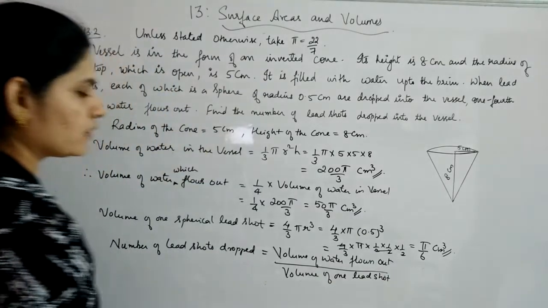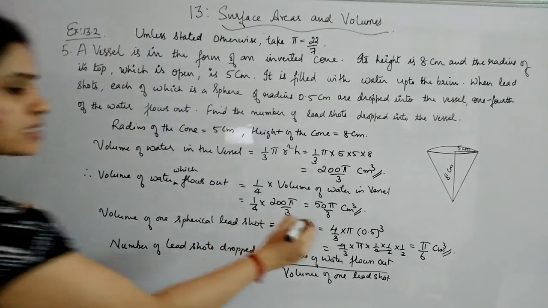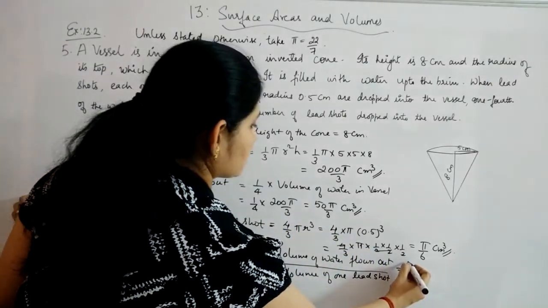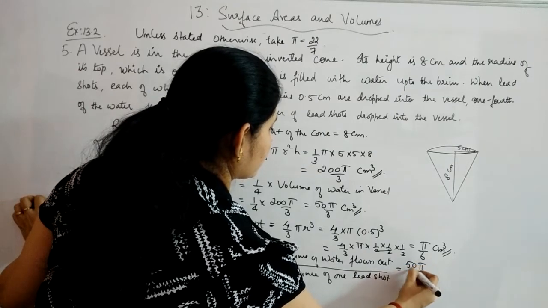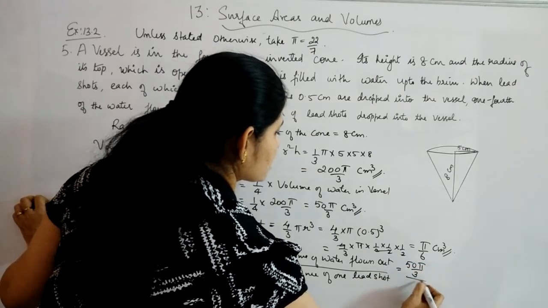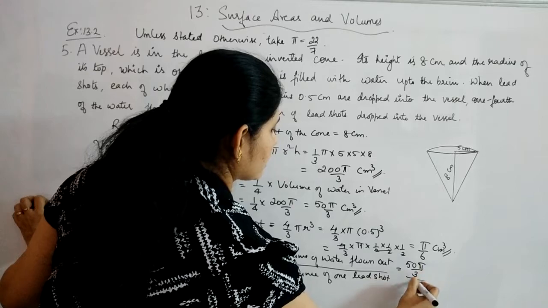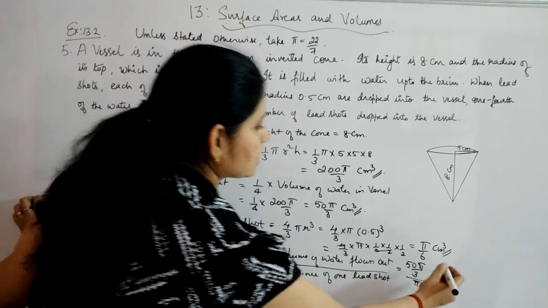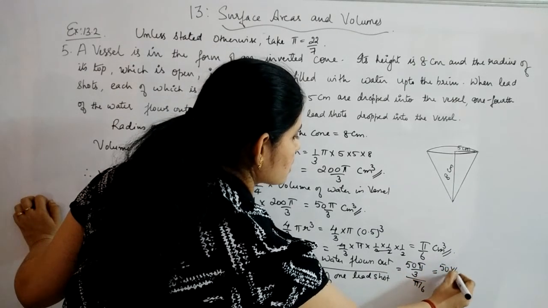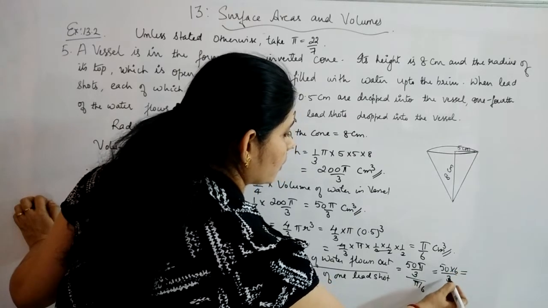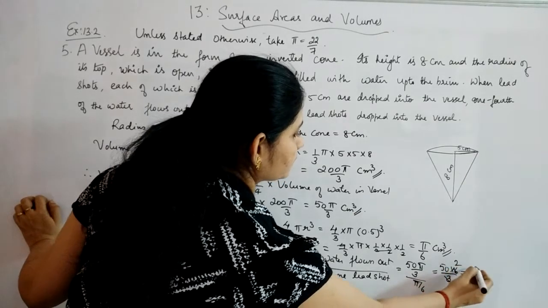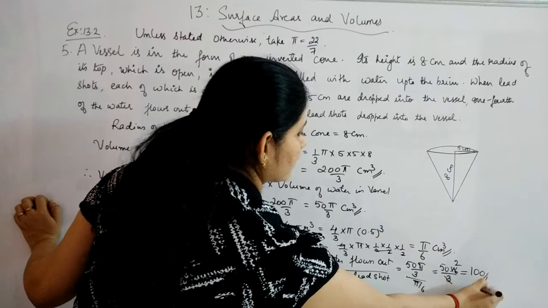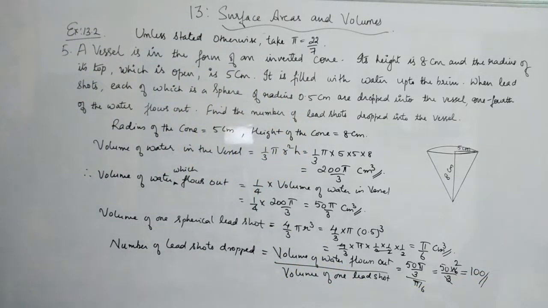So what will be that? Replacing the value, what you will get? 50 pi by 3 divided by pi by 6. So pi gets cancelled, and this will become 50 into 6 by 3, or this will give you 100. So the number of lead shots that has been dropped into the conical vessel is 100.